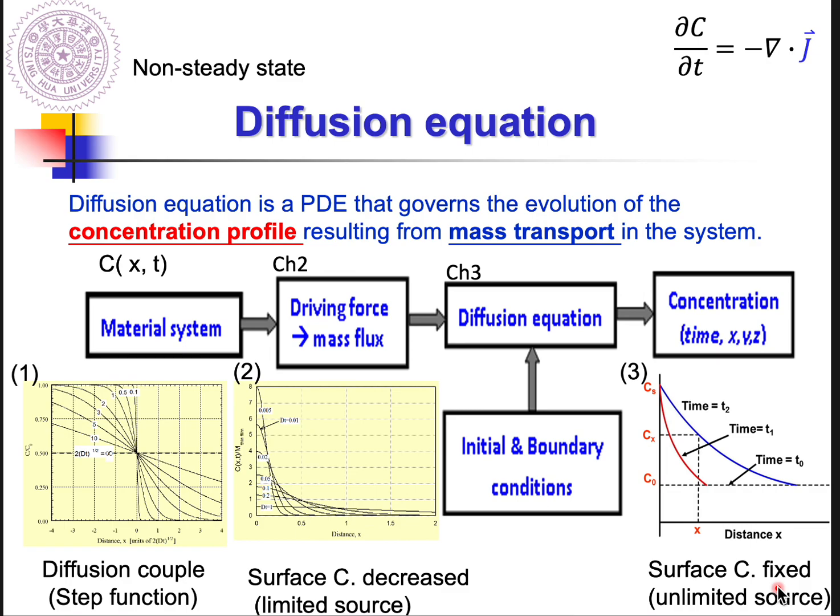Because you continue to supply the methane, the surface concentration of methane on your parts is fixed, so it will be an unlimited source. We are going to show you these 3 commonly seen cases, and how to get the corresponding solutions for them. Okay, so today we end here.